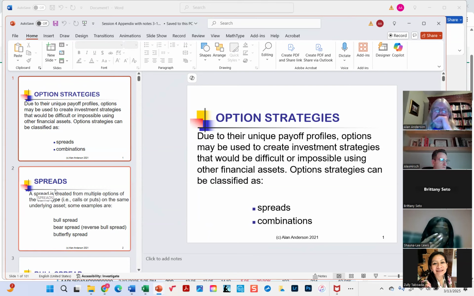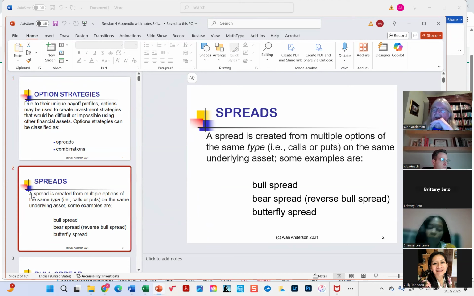The spreads are the ones where we put together either several calls or several puts, at least two. Anything goes except that all the options are either calls or else they're all puts. We cannot mix or match.